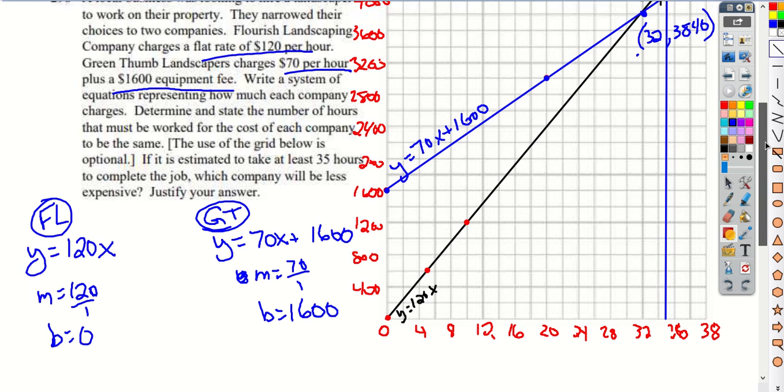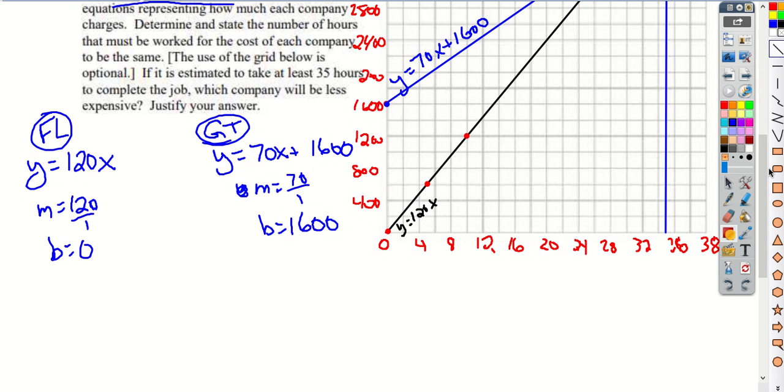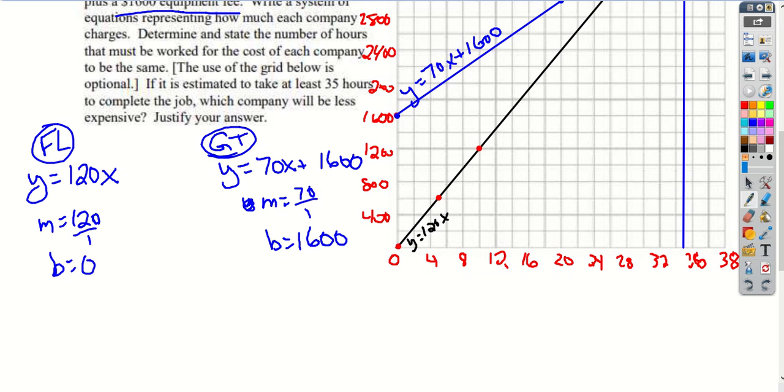So if it says estimate which job to take and then justify your answer, you could either point it out on the graph that this is lower, or you can substitute in the equation, it's totally up to you. But it does say the number of hours worked that they'll be the same.